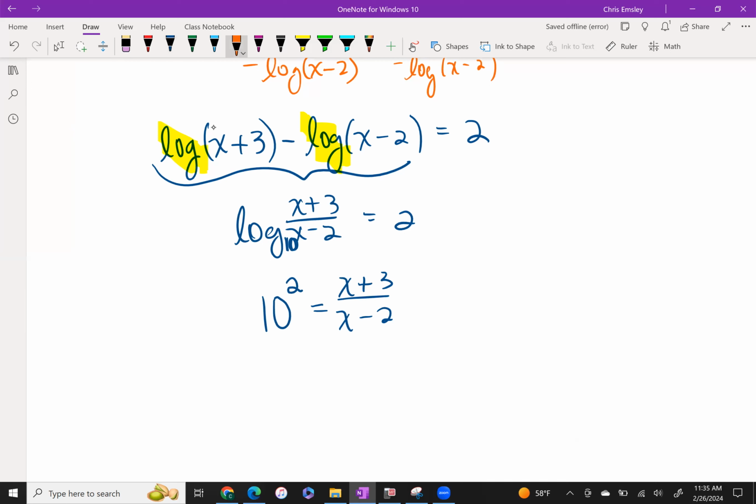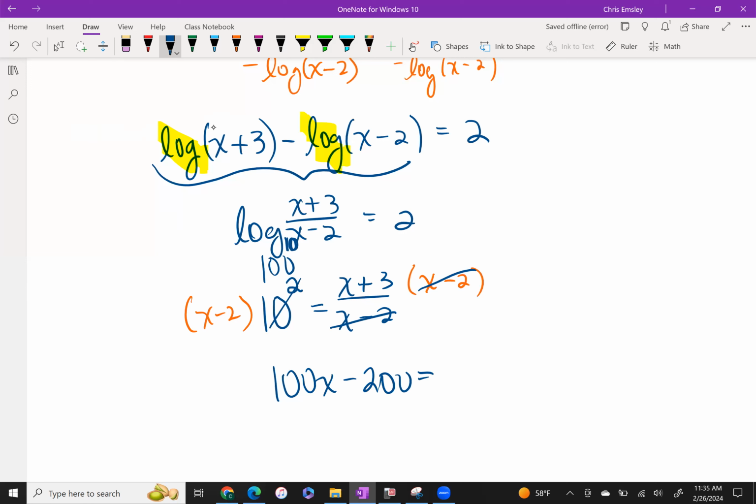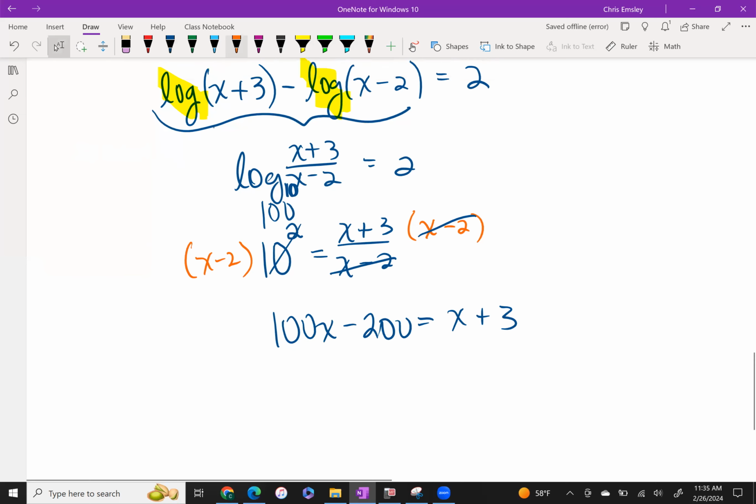Also, while I do that, I'm going to multiply both sides by x minus 2. Okay, so remember, this is 100. I'm going to go ahead and distribute it. 100x minus 200 equals, over here they cancel, x plus 3. Subtract an x from both sides.